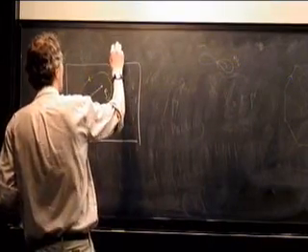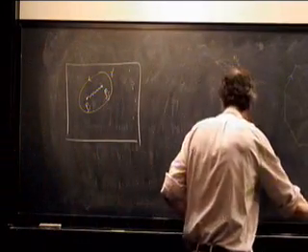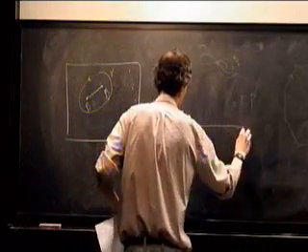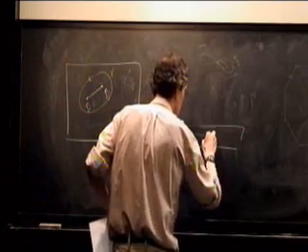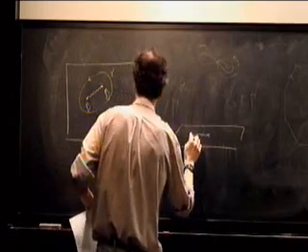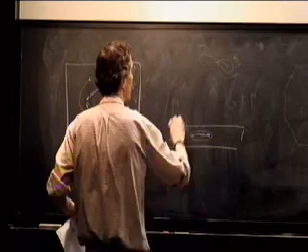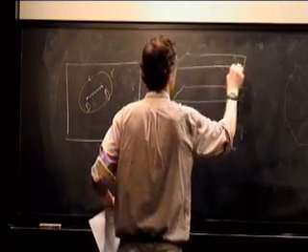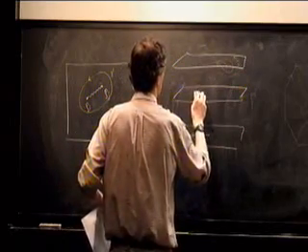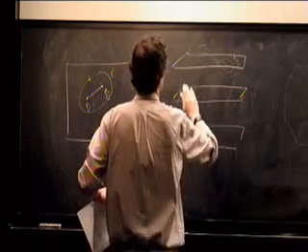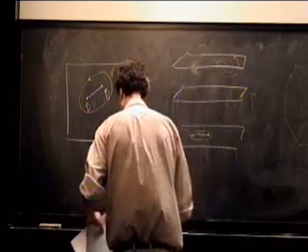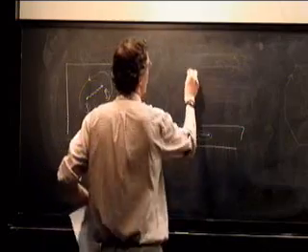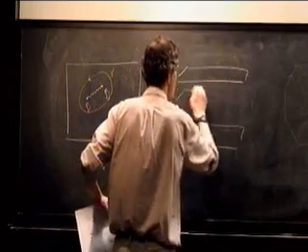So that means that there are two curves. Let me draw it this way. So we have this green curve here, and then locally we have two sheets. Okay, well, let me draw it this way.